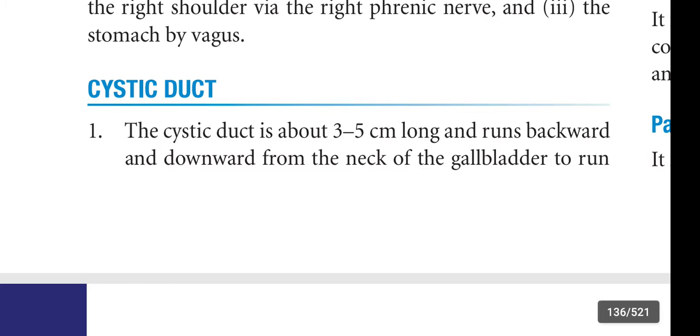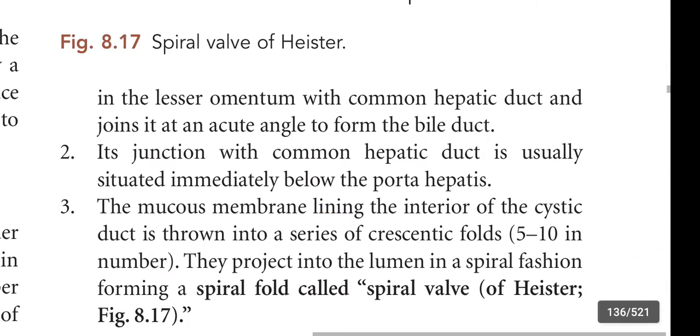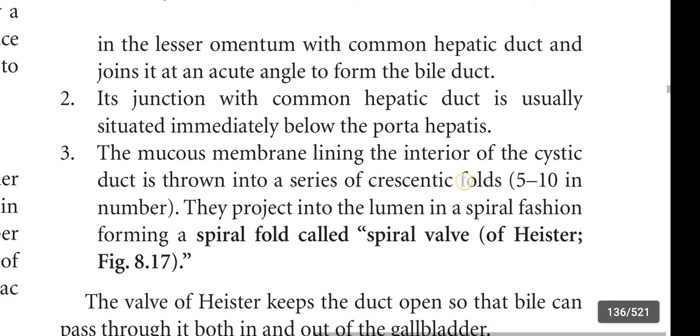The cystic duct is about 3 to 5 centimeters long and runs backward and downward from the neck of the gallbladder to run in the lesser omentum with the common hepatic duct and join it at an acute angle to form the bile duct.